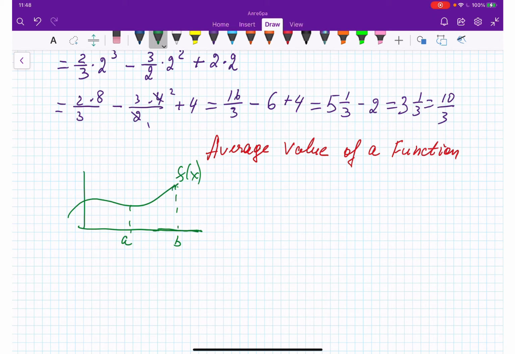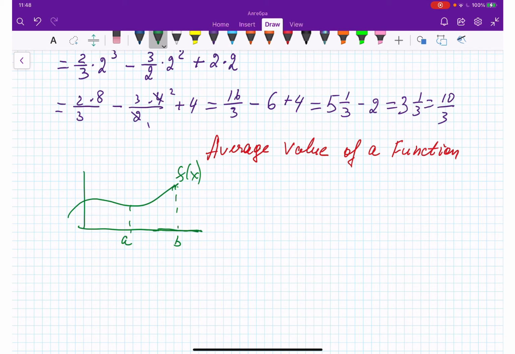What do we mean when we talk about the average value? Because the derivative is measuring the instant speed, right? When you are driving and your foot is on the accelerator, at every moment of the given time you have a different speed, correct?